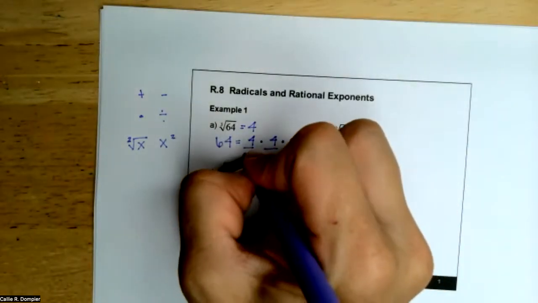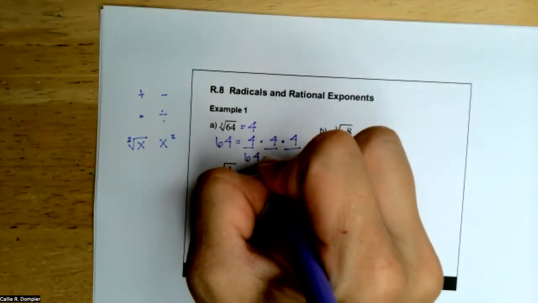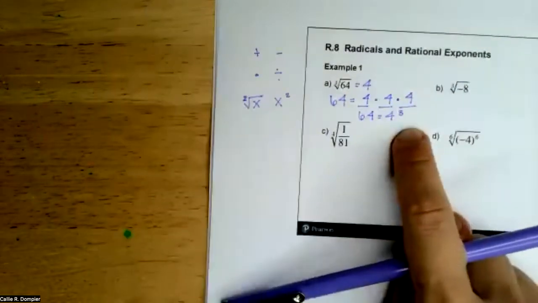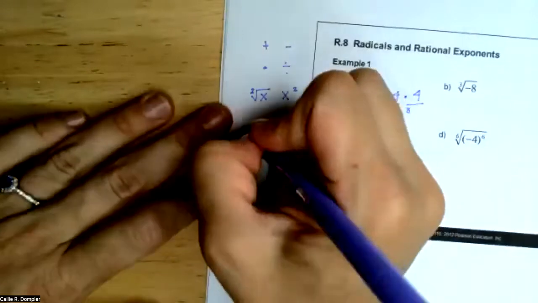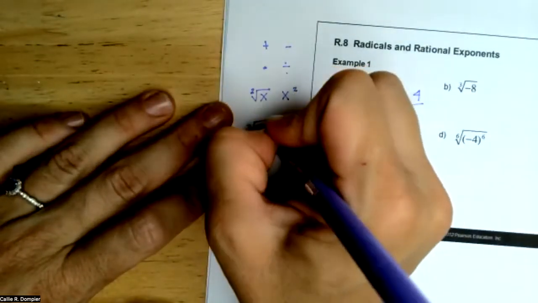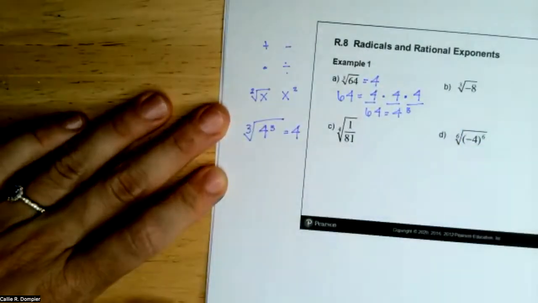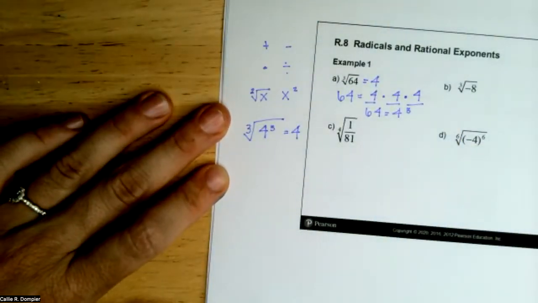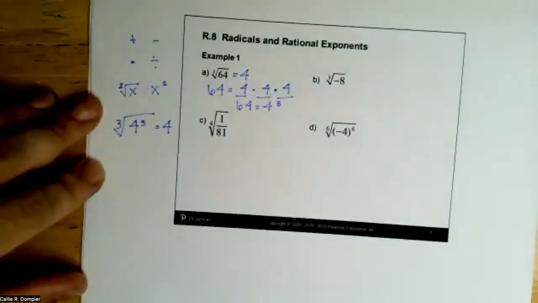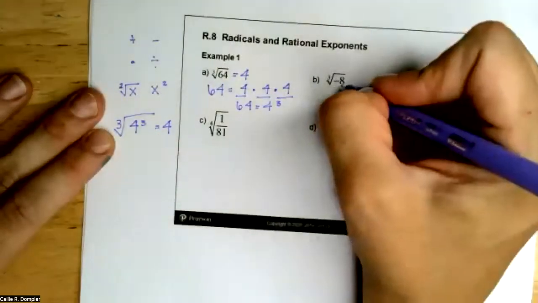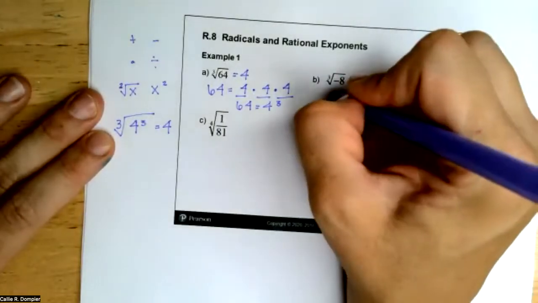Because 4 times 4 times 4 is also 4 to the third power. The cubed root of 4 cubed is 4. It's undoing this. This undoes this. So here we have the cubed root of -8.